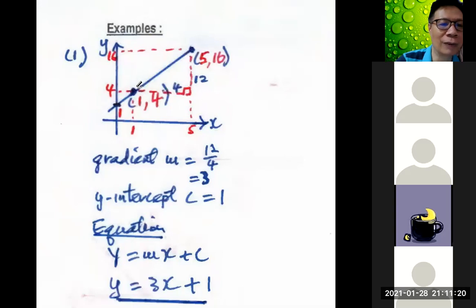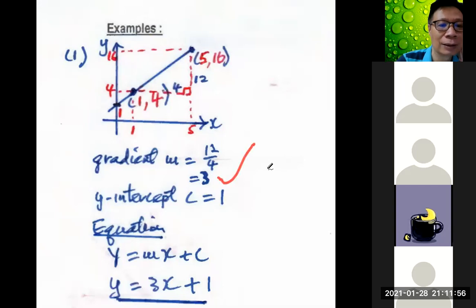Here it is 16 minus 4, so it's 12. The length here is 12. Then here, 5 minus 1, so it's 4. So the moment you know here is 12, here is 4, you just divide: y divided by x, 12 divided by 4. So you get 3. So the gradient is 3.